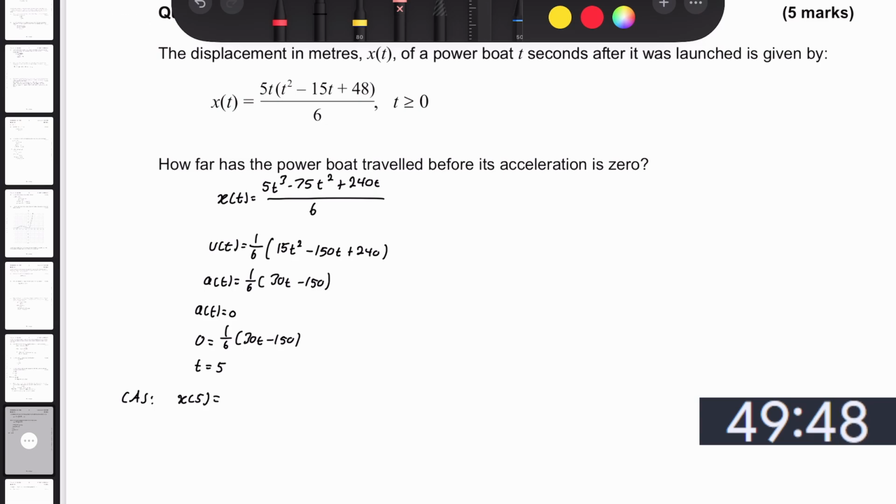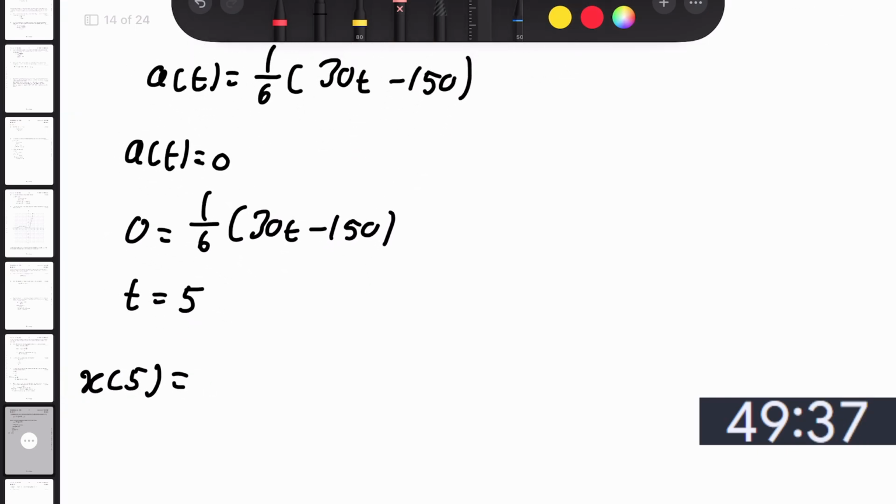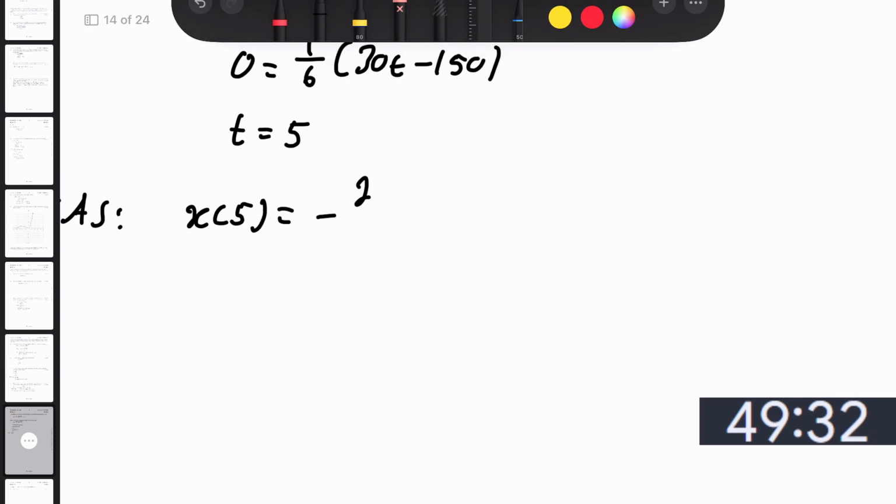Is that correct? Yeah, that looks fine, I guess.